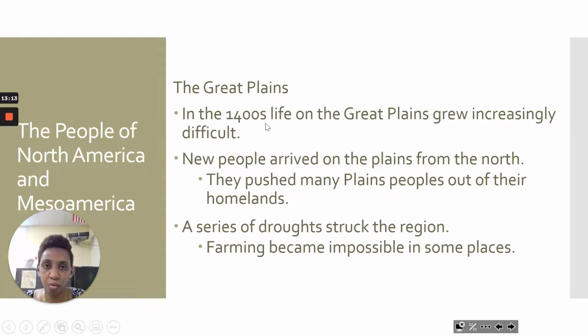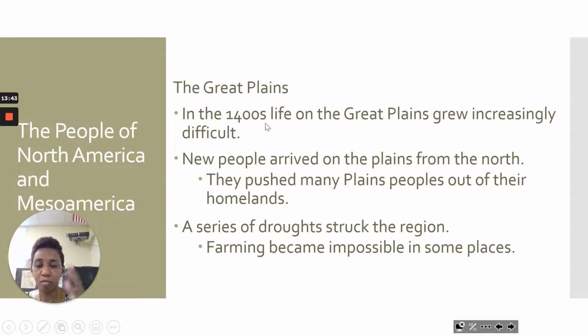So Europeans are now coming into the Americas, claiming land that they encountered, and the Plains people that occupied those lands are now being pushed further west from their homes.